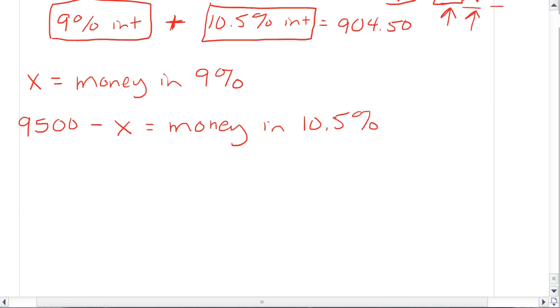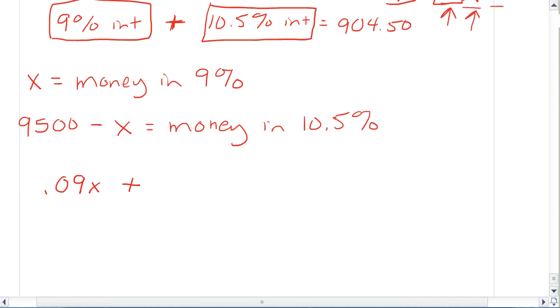So now continuing with the PRT formula. The principal in the 9% is x, and the interest rate is 9%. So I need to change that percent to a decimal, 0.09 times the principal x, and the time is 1 year, so there's a 1 in there. So I have 0.09x.